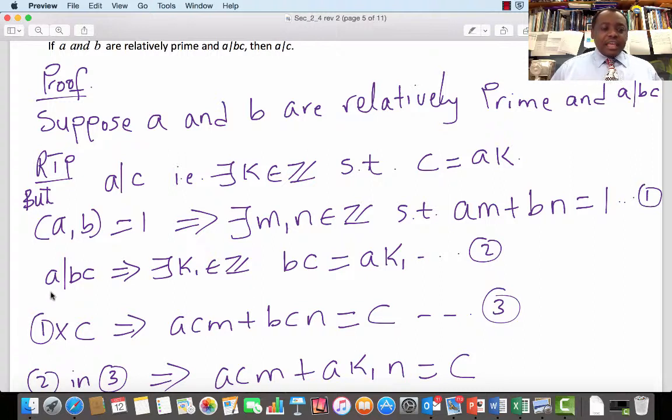Also, a divides b times c implies there exists an integer k1 such that bc equals a times k1. Call that equation 2. Remember our goal: we want to prove that c equals ak. So multiply equation 1 by c and we have acm plus bcn equals c.